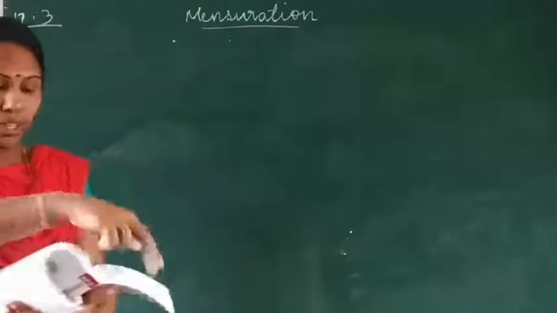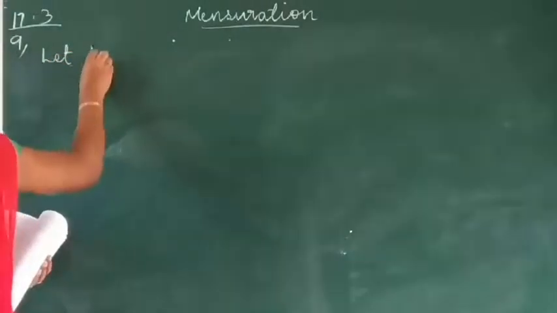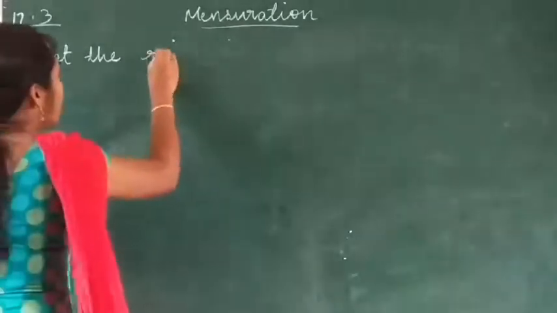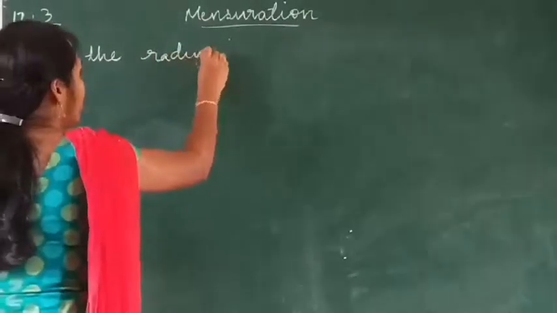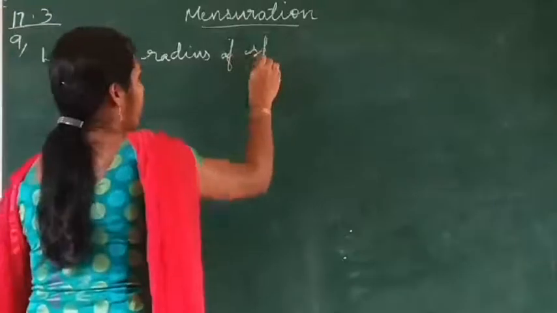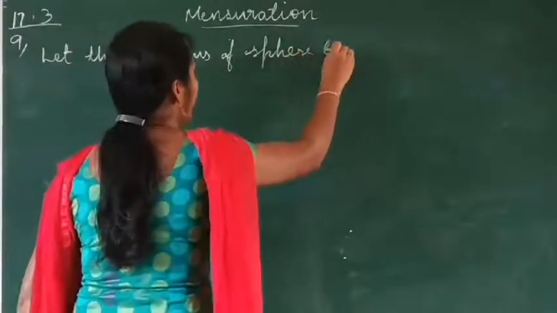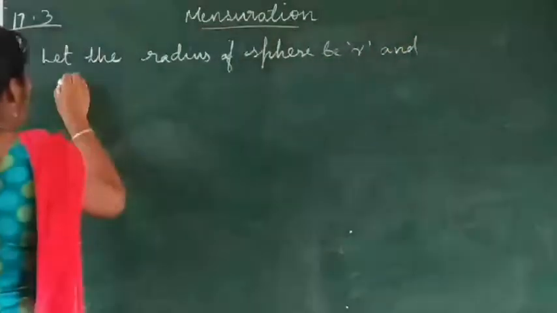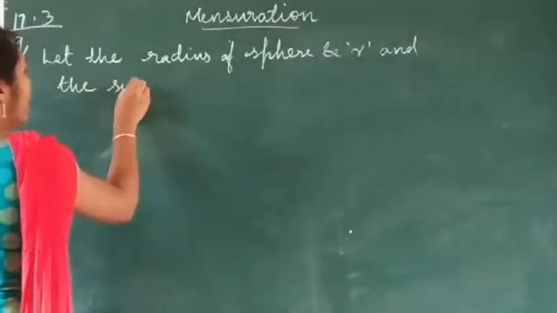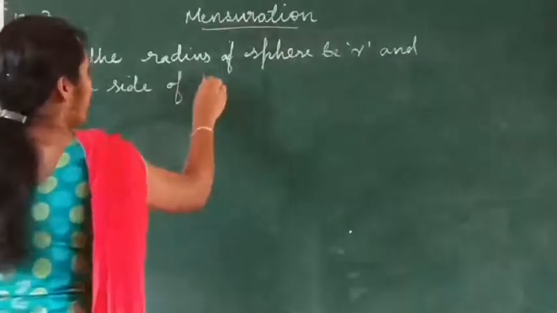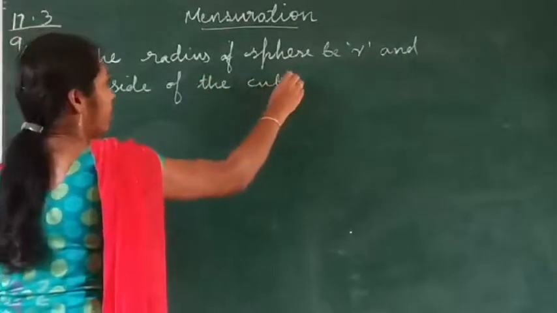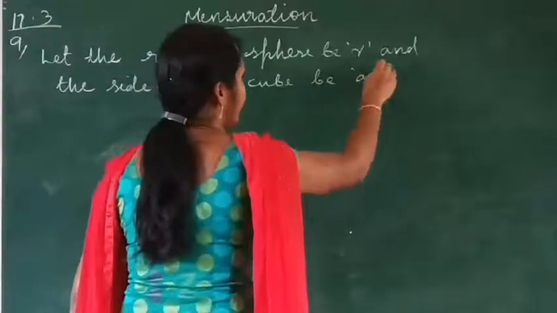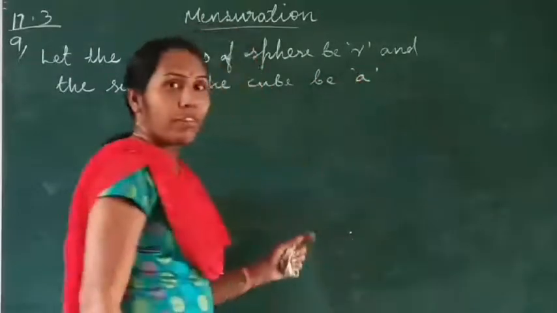So here let us take the radius of the sphere be r and the side of the cube be a. It is given that their surface areas are equal.